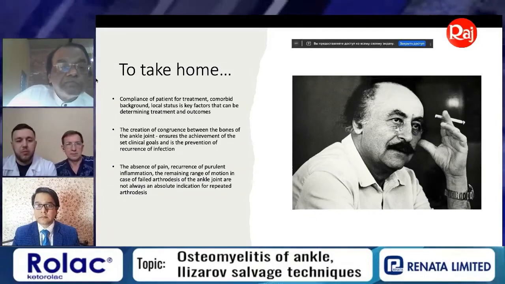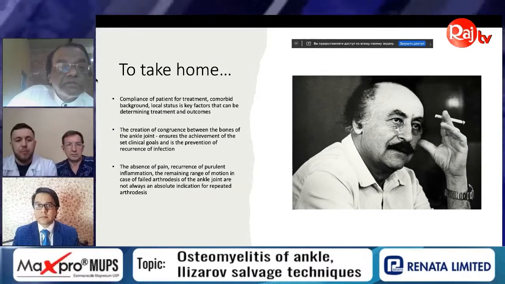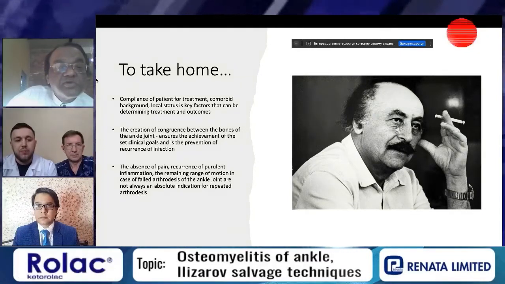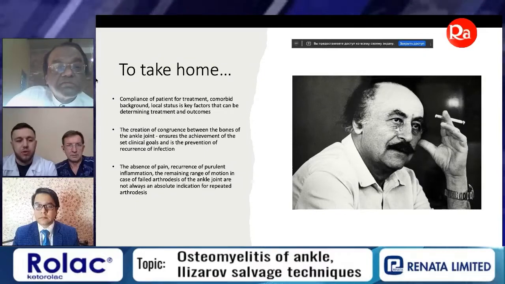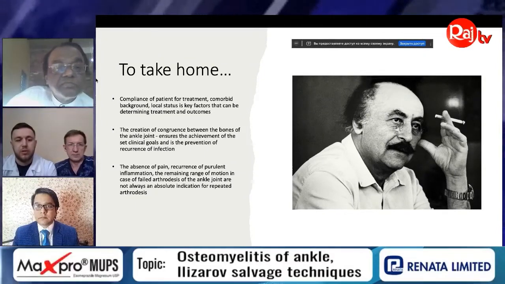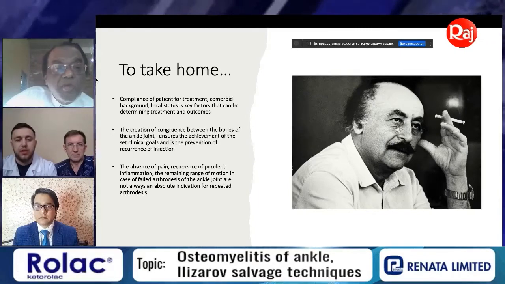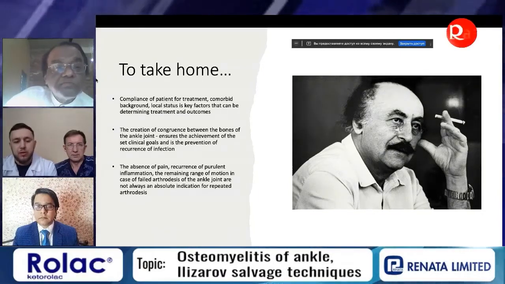And the absence of pain, recurrence of purulent inflammation, and the remaining range of motion in case of failed arthrodesis of the ankle joint are not always an absolute indication for repeated arthrodesis.